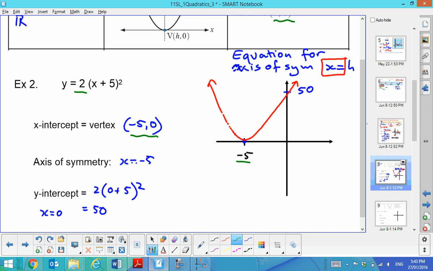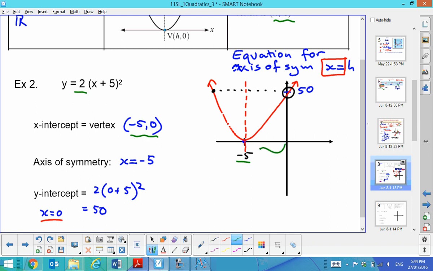Axis of symmetry is going to be x equals -5. So our axis of symmetry is coming down here at x equal to -5. The y-intercept, when x is equal to 0, comes out at 50. So that allows us to put this point up here. We can then put a corresponding symmetry point over here. What would be the coordinate of that one?